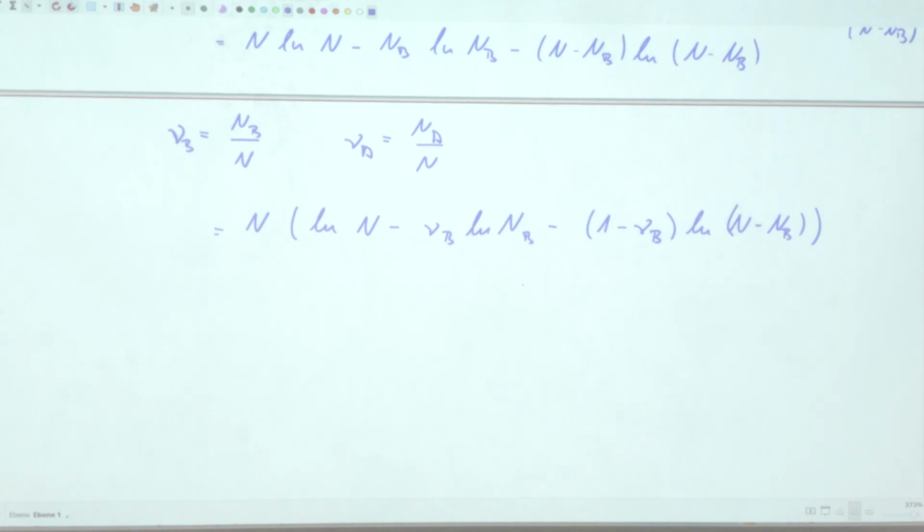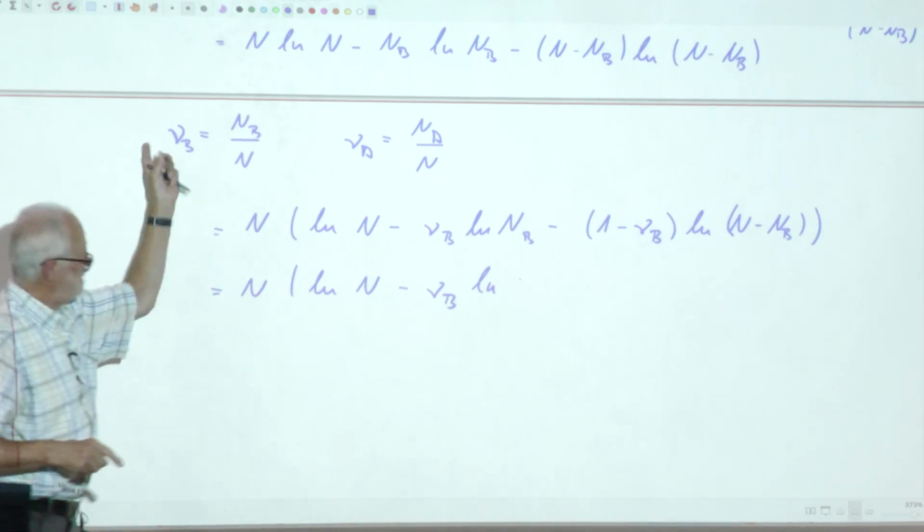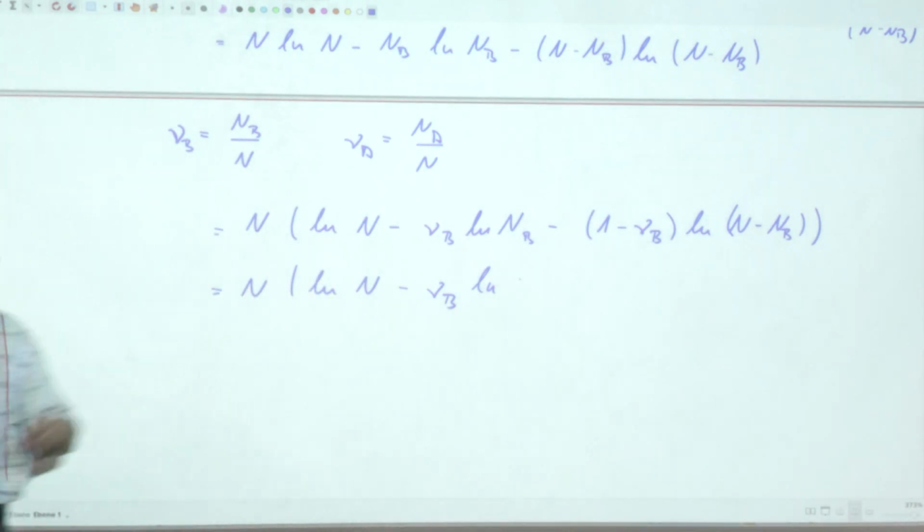I can write this NB as nu B times N. Yeah, and maybe I skip one intermediate step. This is N times nu B. This is NB here. And for the logarithm, we can split this up into a sum.